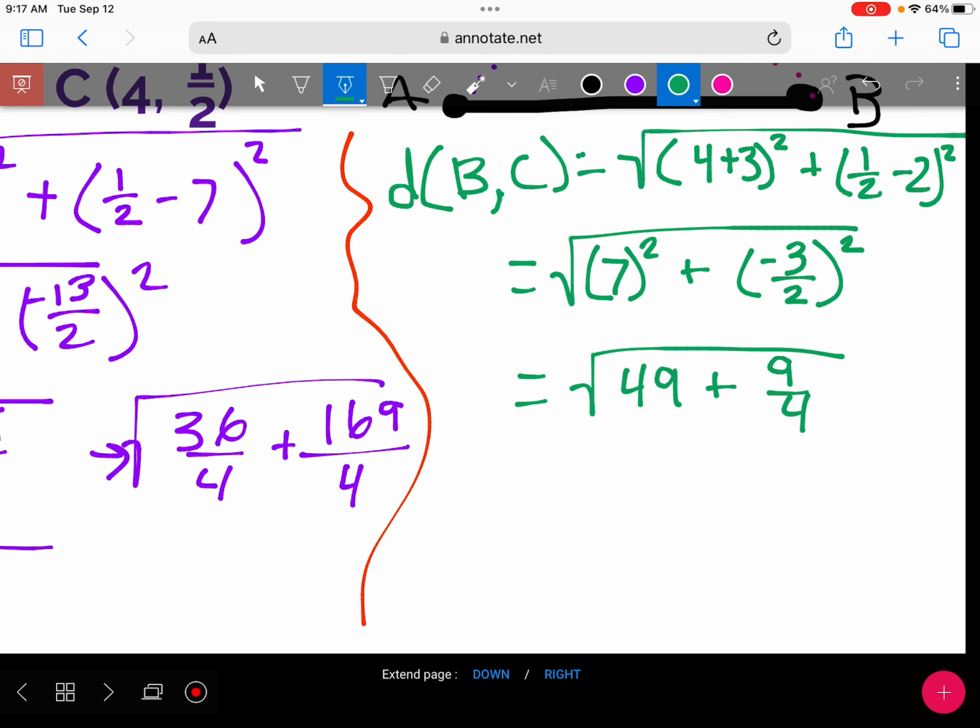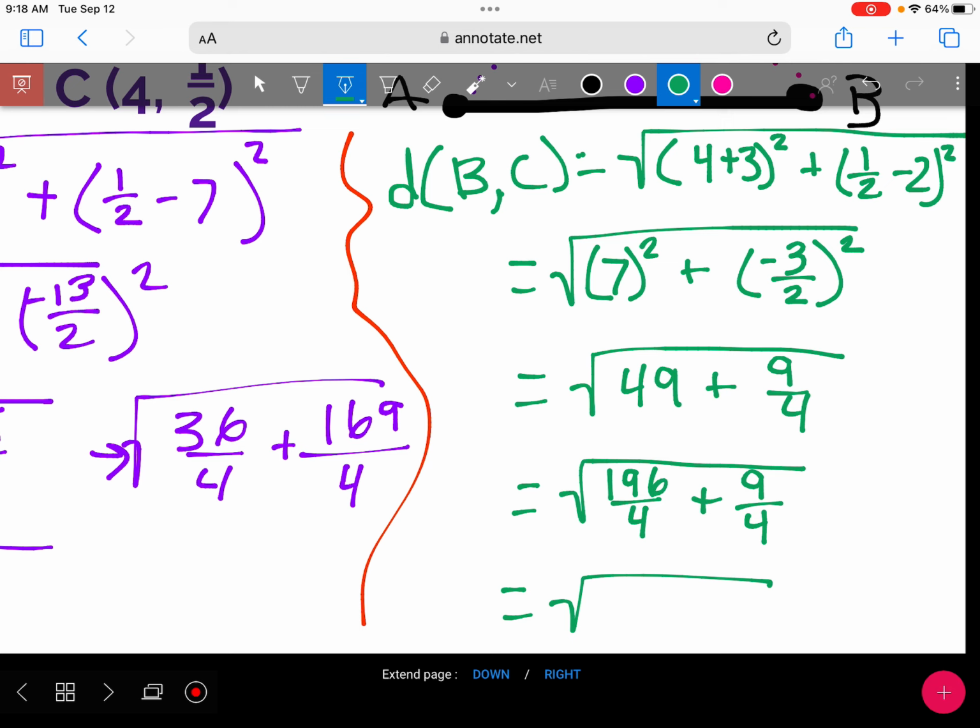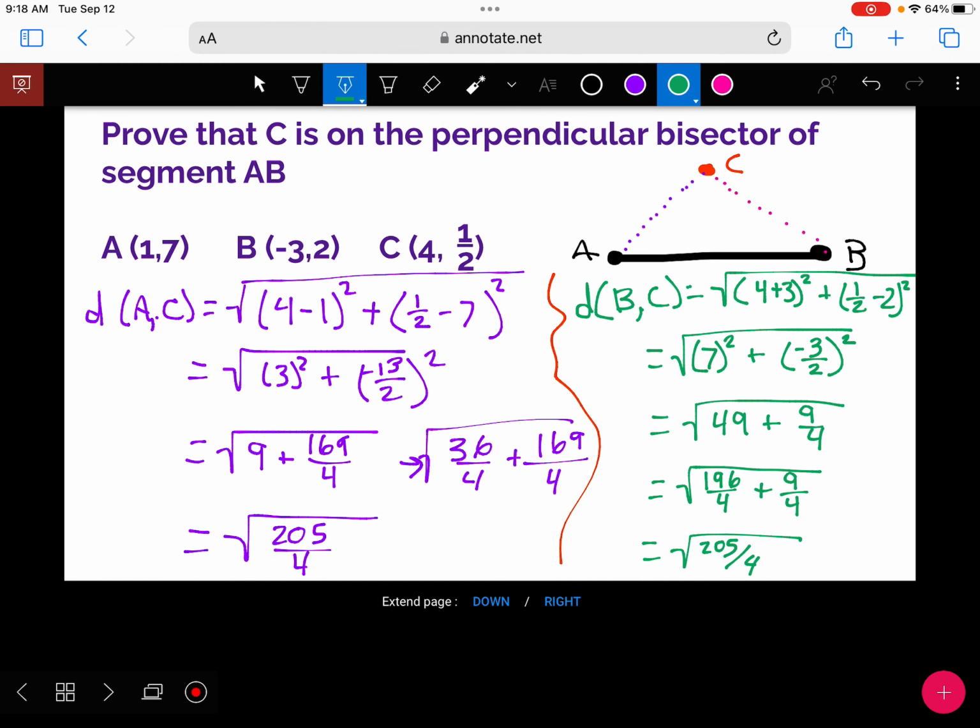What is 49 times 4? 196. 196 fourths plus 9 fourths. So what is the distance between points B and C? The square root of 205 over 4. So is C on the perpendicular bisector? Yes.